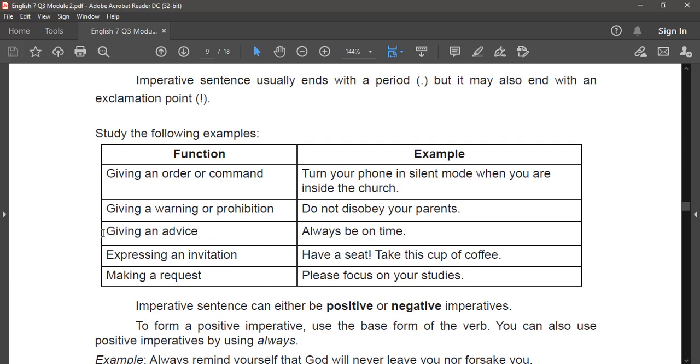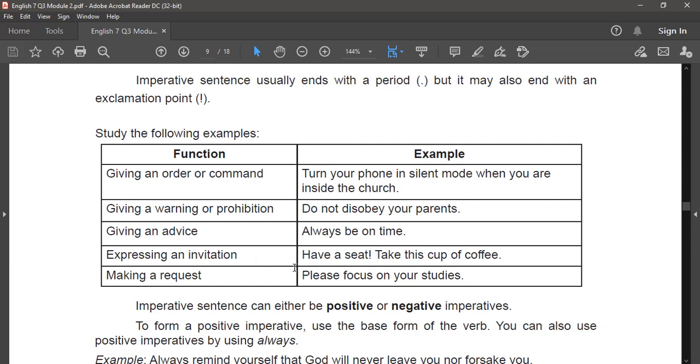And next, we have here giving advice. So payo, for example, always be on time, or always answer your module, or don't disobey your parents. That is also an advice. Okay, next, if you want to express an invitation, for example, someone visits your house.